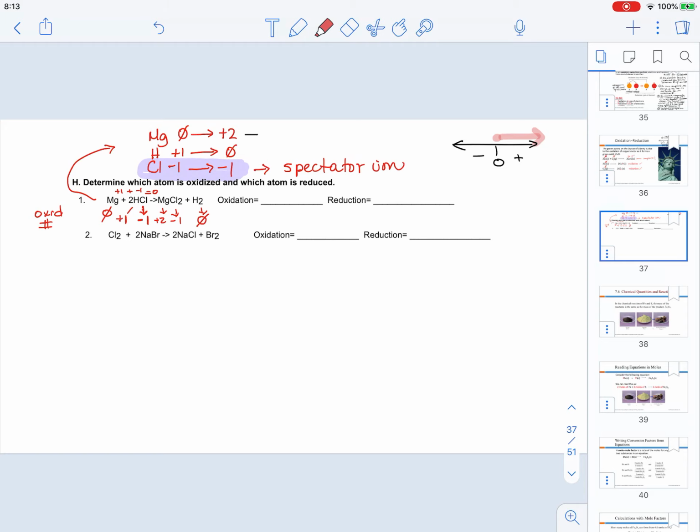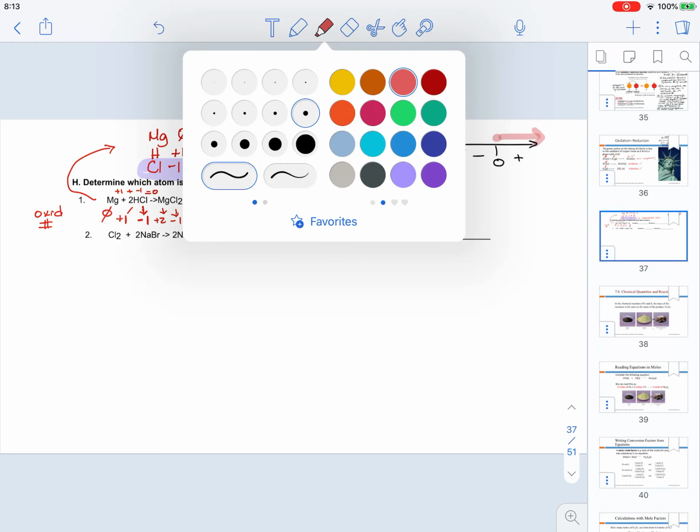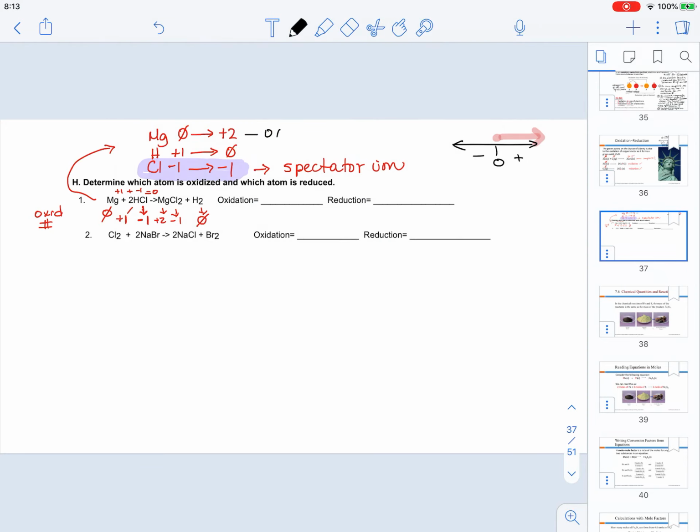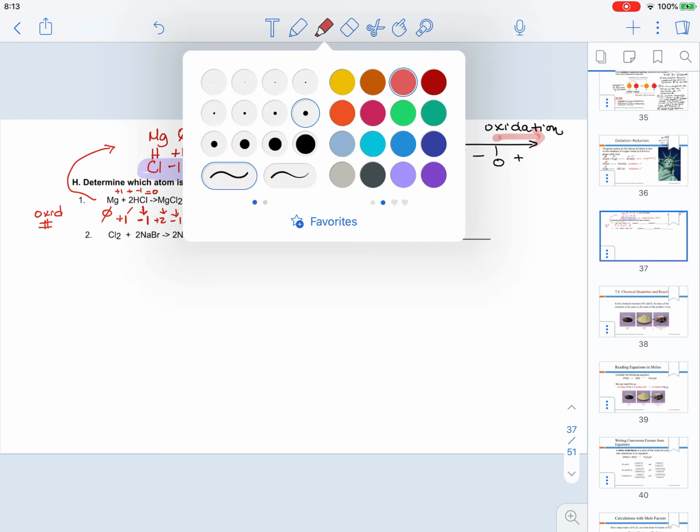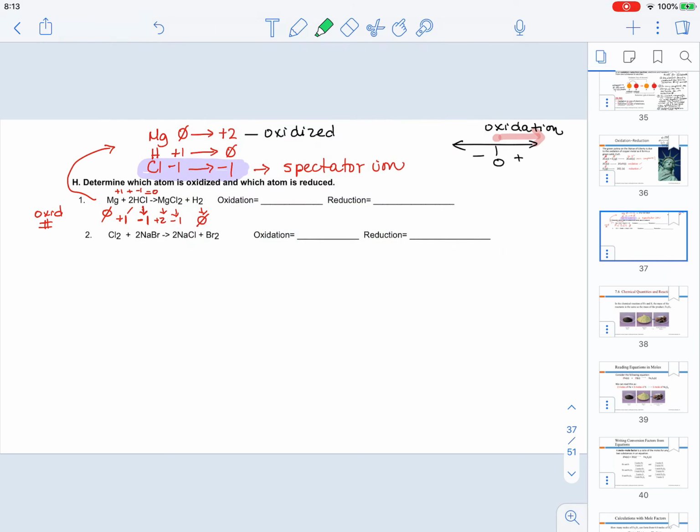If you're going in that direction, that means that you're getting oxidized, or you're undergoing oxidation. In the case of hydrogen, it went from positive towards 0. That means that it was undergoing reduction. So in this case, we're going to say hydrogen got reduced.